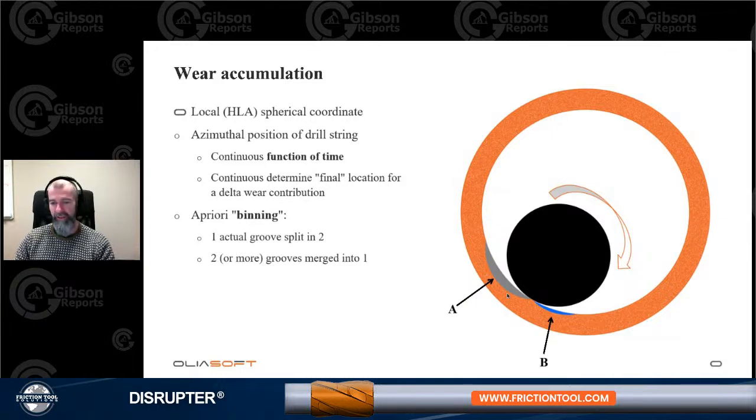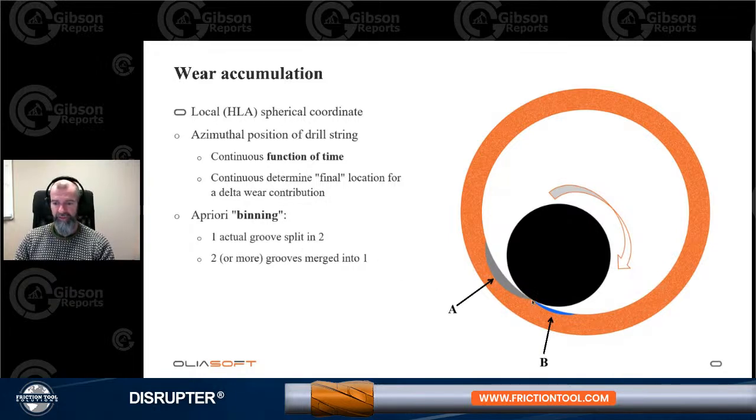But if we have a binning that doesn't really correspond to the grooves that we are creating, then suddenly we might start splitting one groove into two grooves, right?